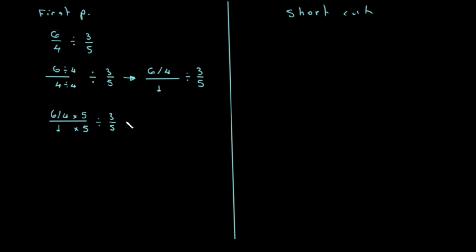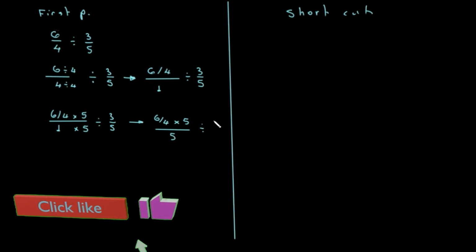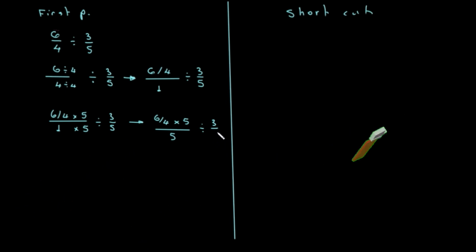So that gives me 6 over 4 times the 5 over 5 divided by 3 over 5.